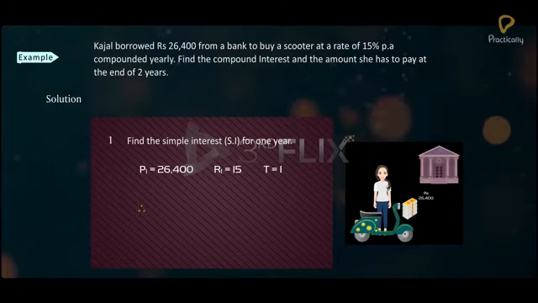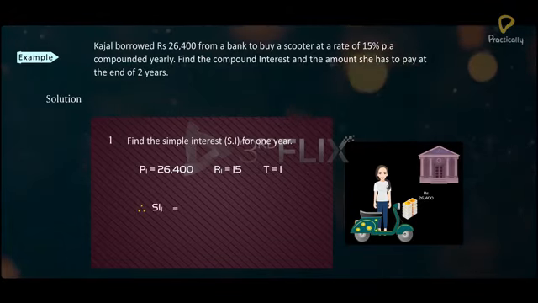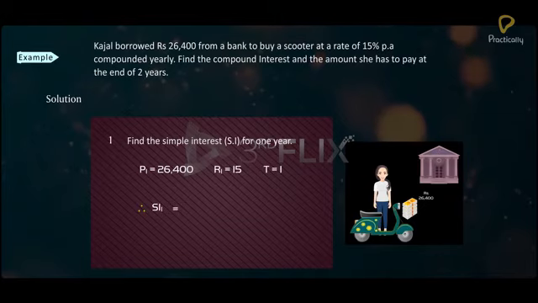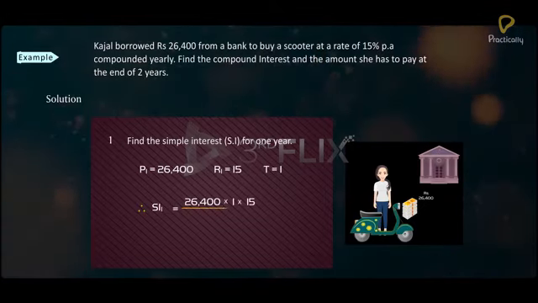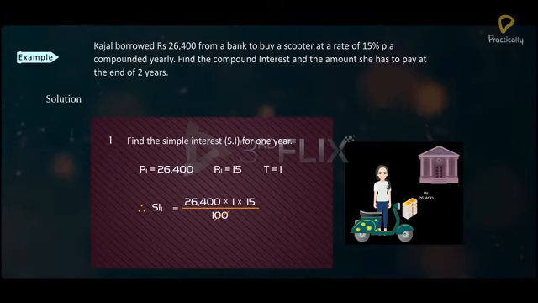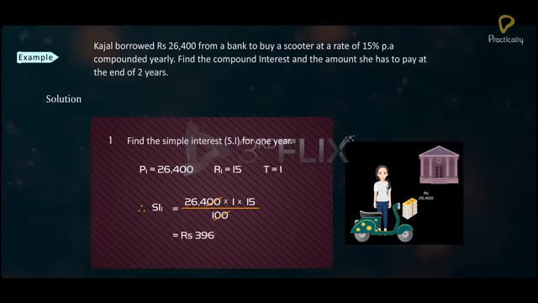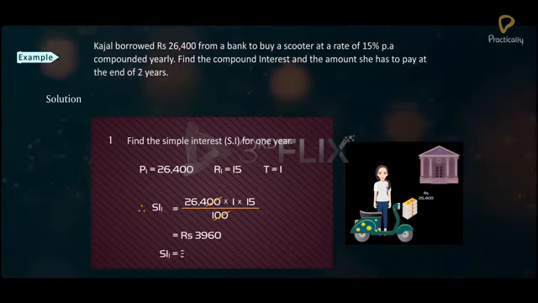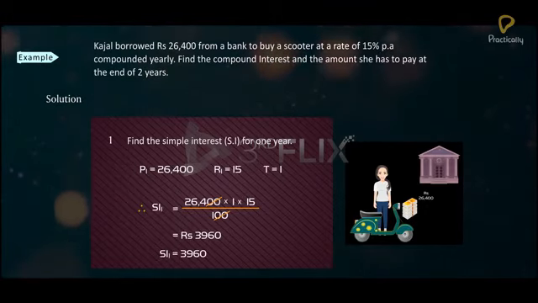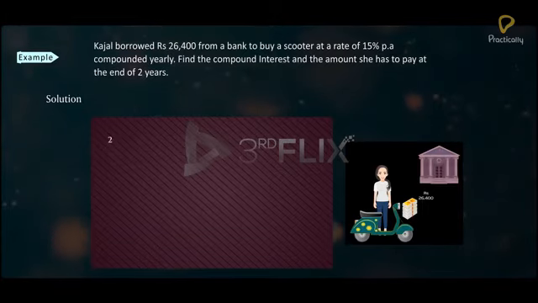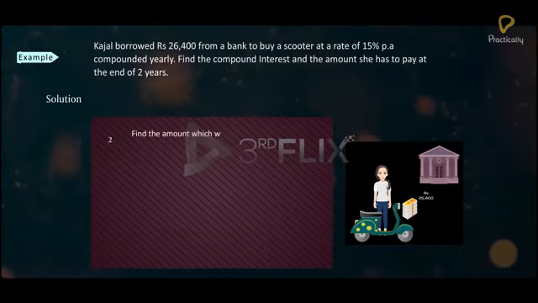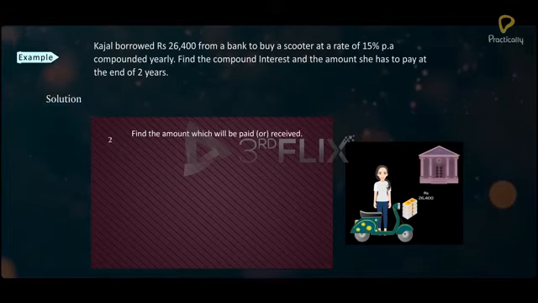So, simple interest, SI1, is equal to 26,400 into 1 into 15 divided by 100, which can be calculated as Rs 3,960. SI1 is equal to 3,960. Second, now find the amount which will be paid or received.